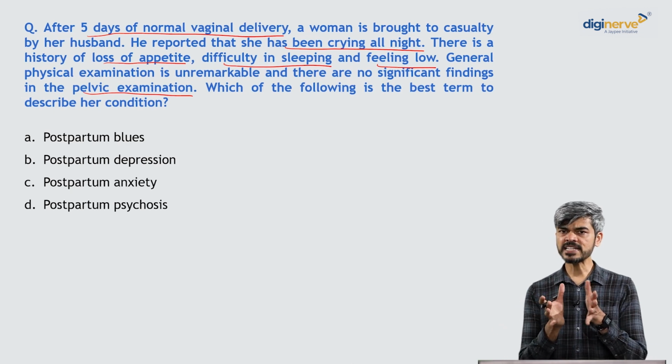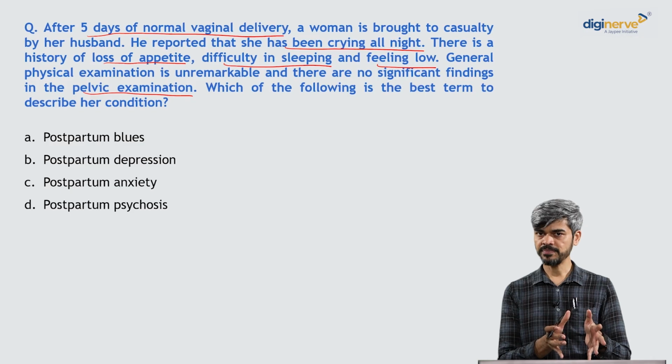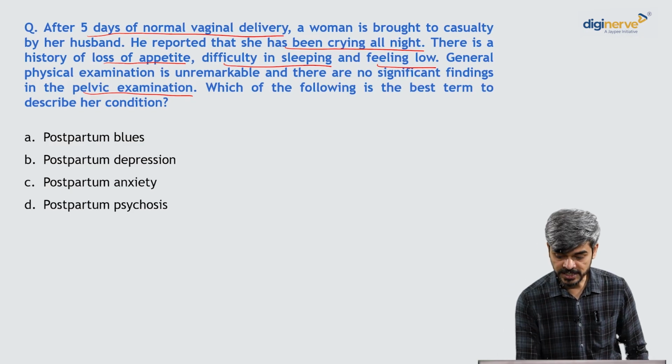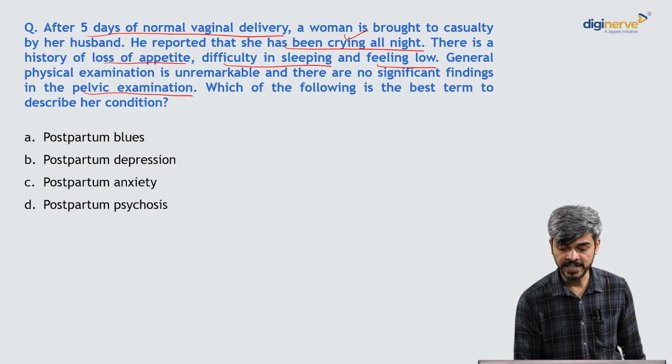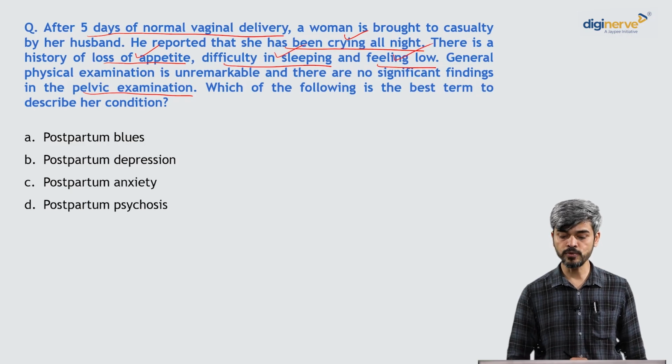So this woman has come in the first week after delivery and has developed certain depressive symptoms. She's crying all night, lost appetite, insomnia is there, feeling low, sad mood is there.